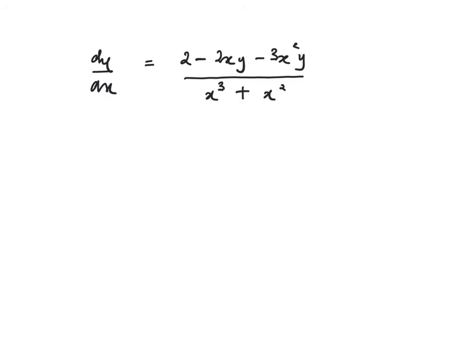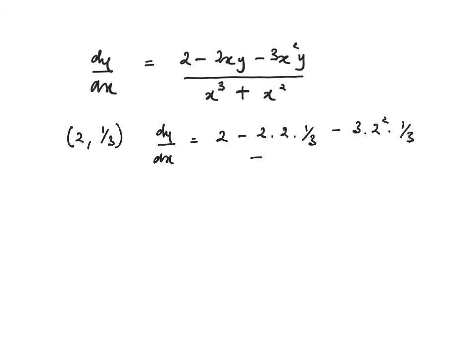What we want to do is to work out the equation of the tangent. So using the point 2, 1/3, dy by dx equals 2 minus 2 times 2 times 1/3 minus 3 times 2 squared times 1/3 over 2 cubed plus 2 squared.